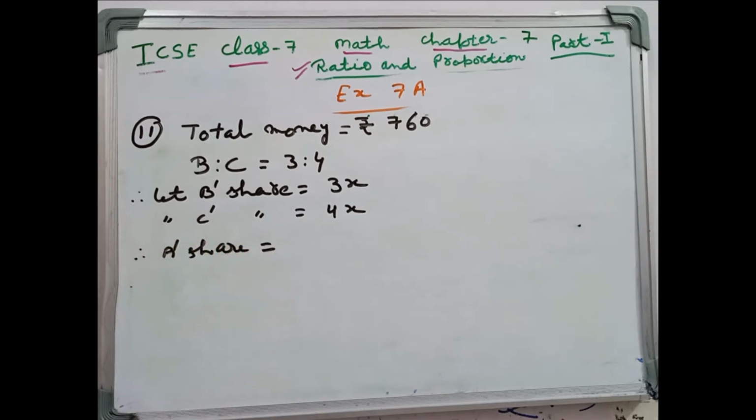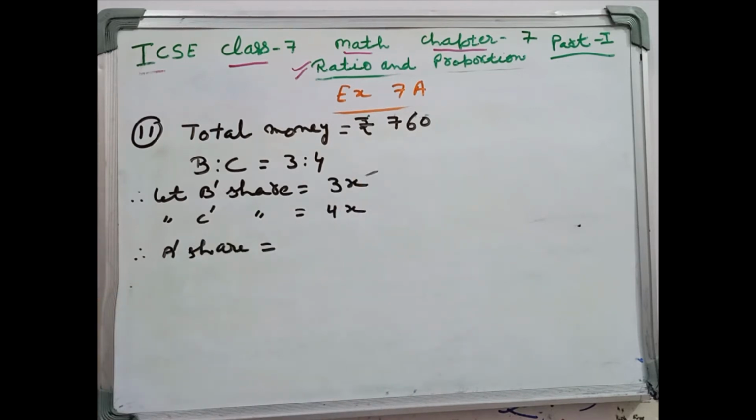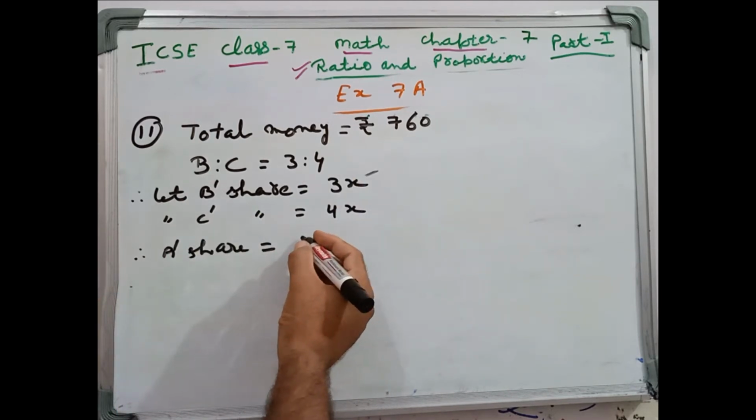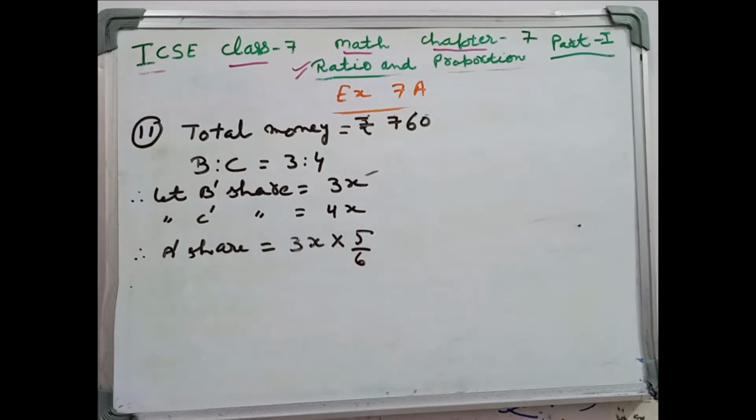You will find out A's share. A gets 5 by 6 of what B gets. What B gets, we have found out here, is 3x. So A's share is 3x multiplied by 5 upon 6.